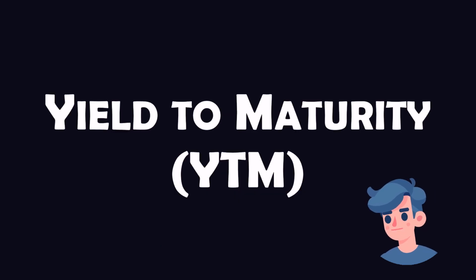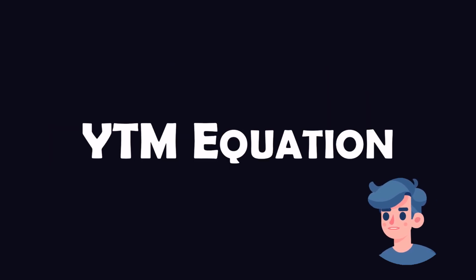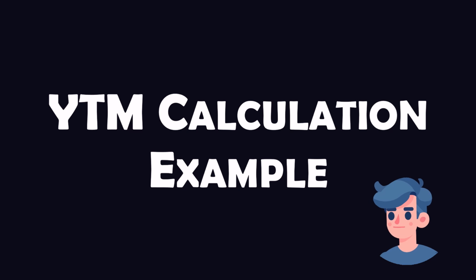Yield to maturity, YTM, is a more complex calculation as it accounts for the total return an investor can expect to receive if the bond is held until maturity, including all coupon payments and the return of the bond's par value at maturity. To calculate YTM, you need to solve the following equation where YTM represents the yield to maturity. This equation can be complex and is typically solved using financial calculators or software tools.